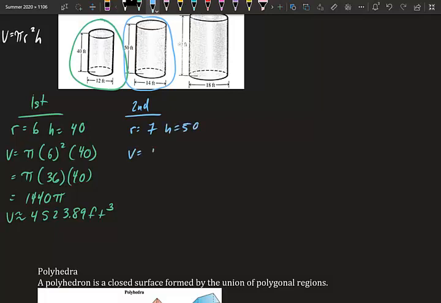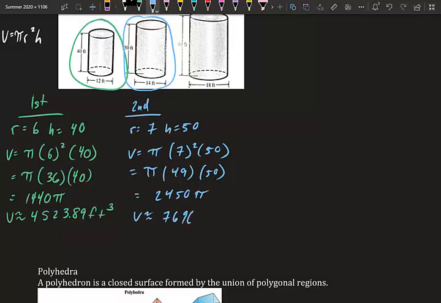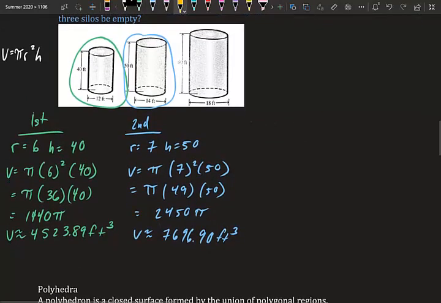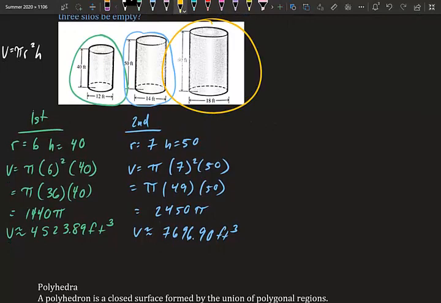Volume equals pi times 7 squared times 50. 7 squared is 49, and 49 times 50 is 2,450 pi. So we get approximately 7,696.90 feet cubed.